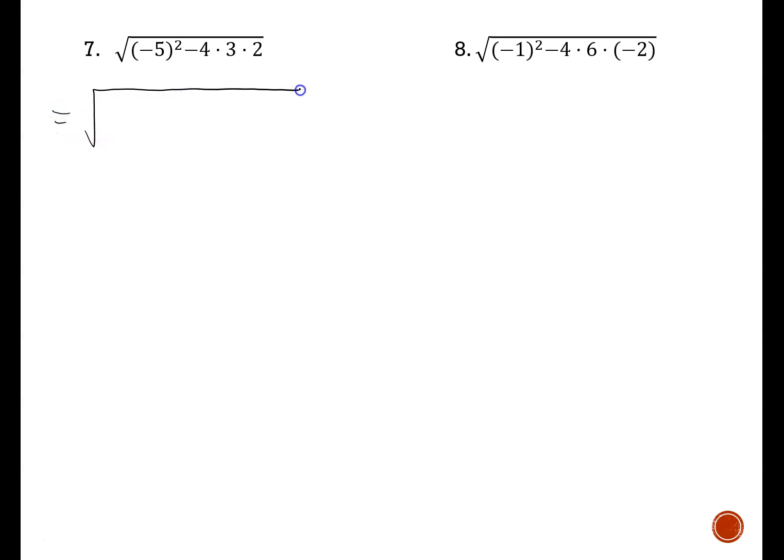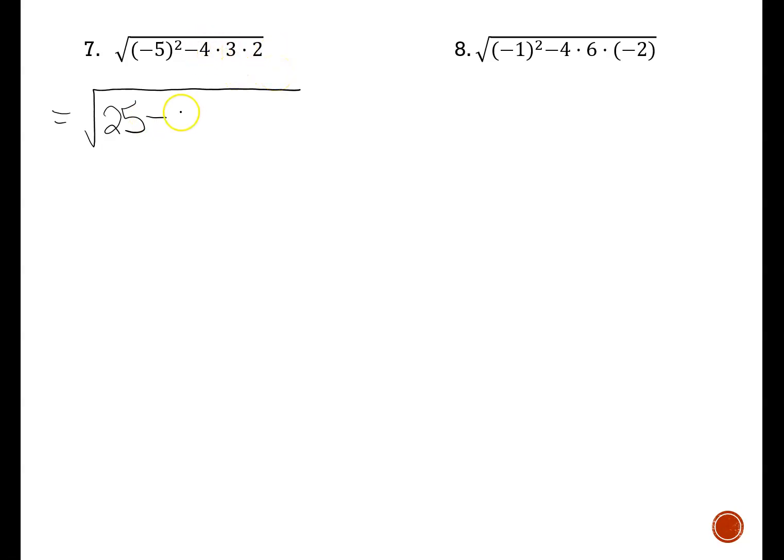So we're going to keep that big radical. Now, under the radical, we have an exponent, we've got multiplication. We're going to do the exponent first. -5 times -5 is positive 25. And at the same time, if you want to, let's bring down our minus sign, and we'll do left to right on the multiplication.